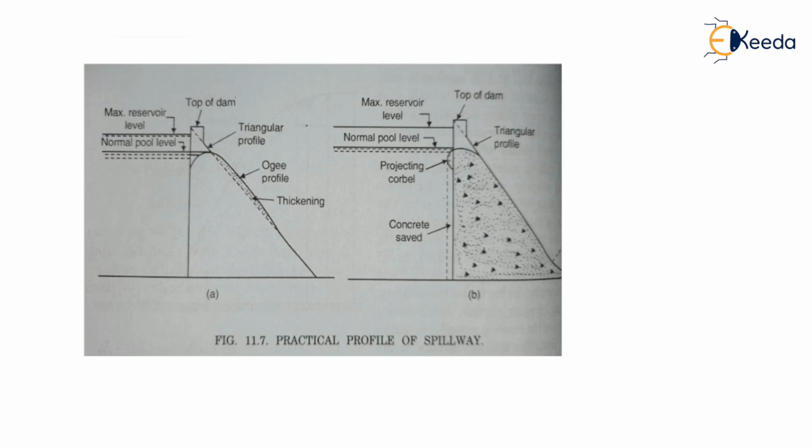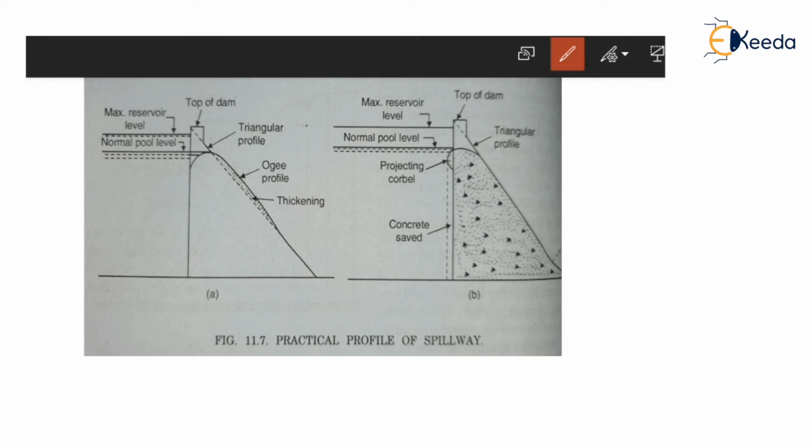Here you can see if a triangular section will be adopted, this triangular section, when we adopted the dotted line, so what happened on this downstream part, you can see this thickening. We need to do the thickening on this downstream part to complete the Ogee profile. So for this, extra concrete is required for the thickening purpose.